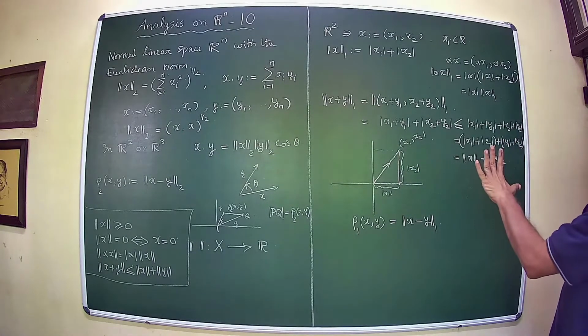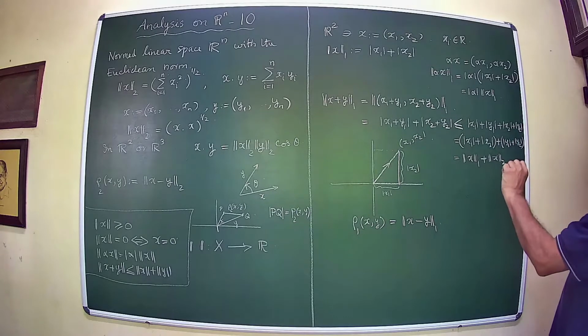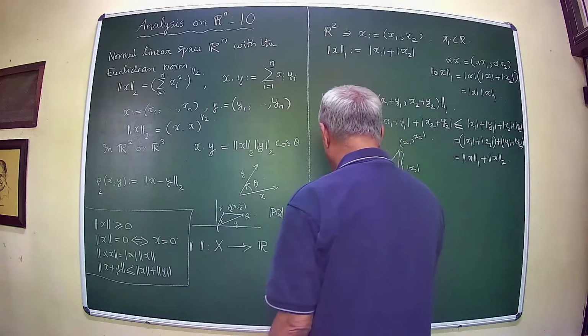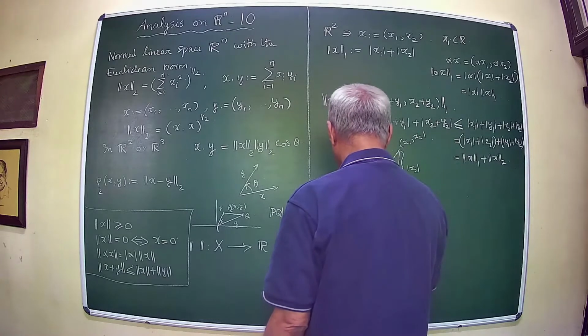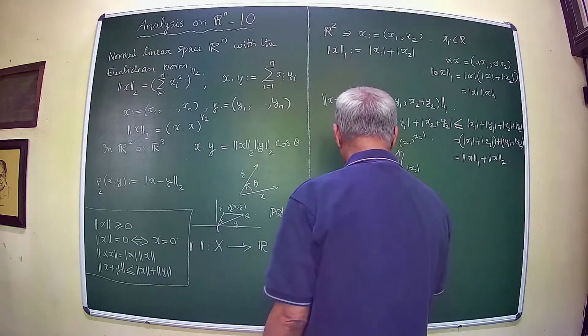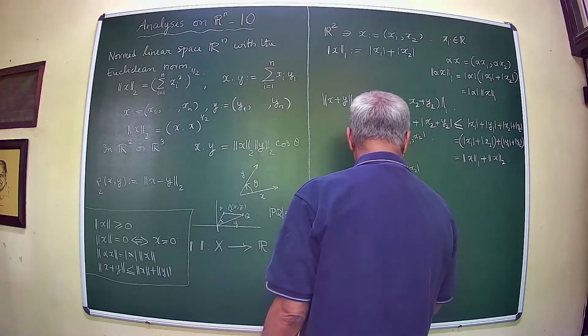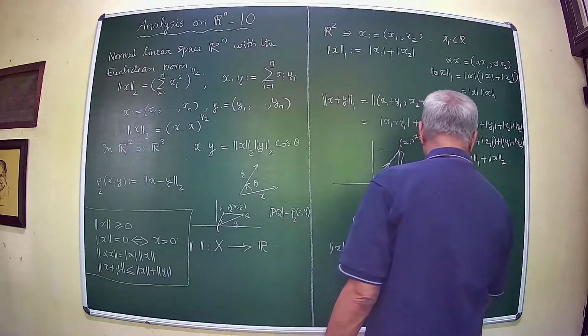In Rn, the analog of the norm is this. You call this the norm 1: norm of x 1 equals the sum from i equal to 1 to n of mod xi.